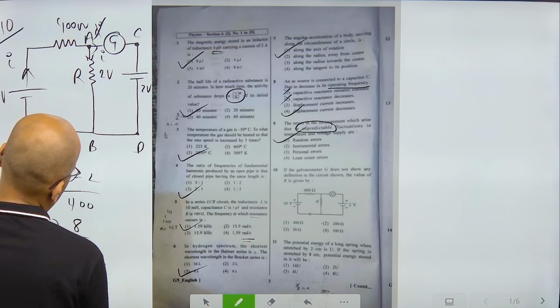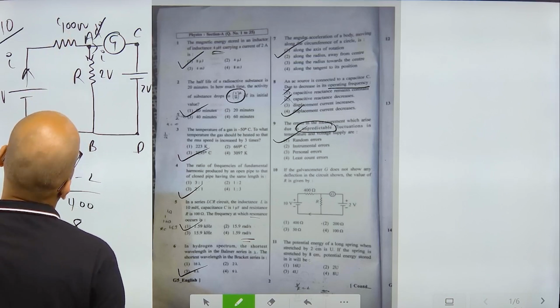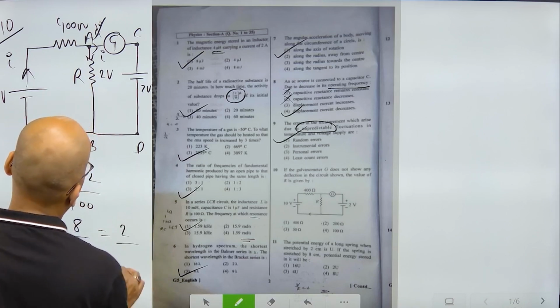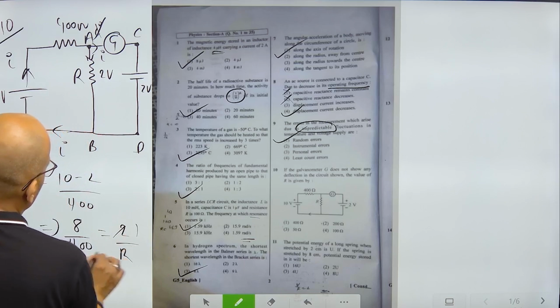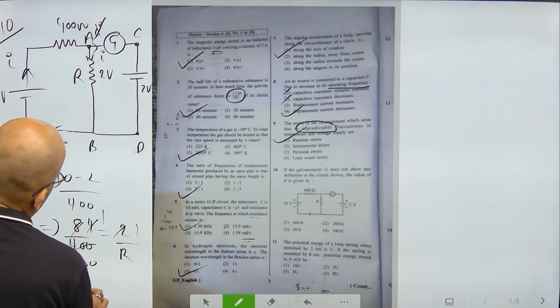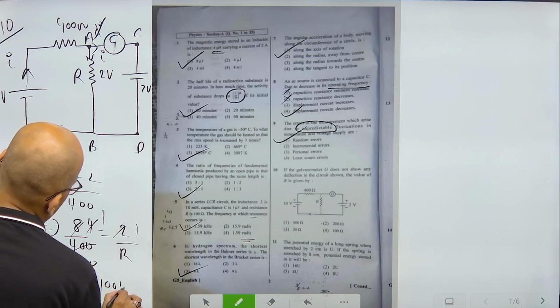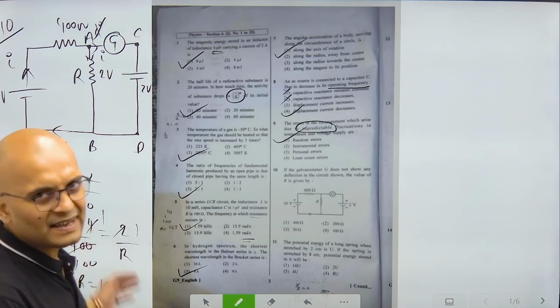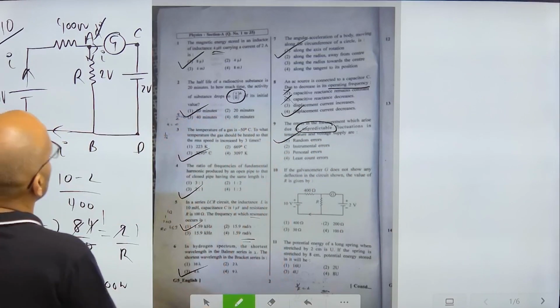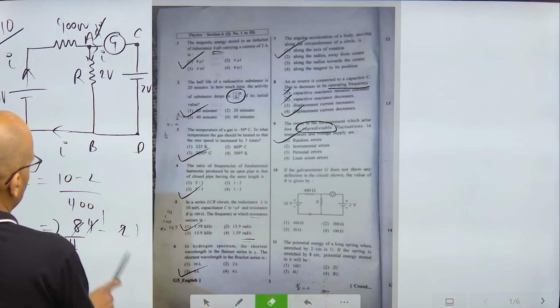So that is 8 upon 400. And the same current is flowing through this also. What's the voltage here? That is 2 upon R. 2 ones are 2, 2 fours are 8, 4 ones are 4. So R comes out as 100. Okay, very easy and basic question. Okay, so that's it. Now moving on to question number 11.